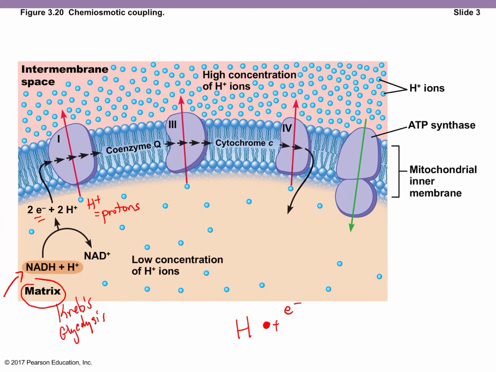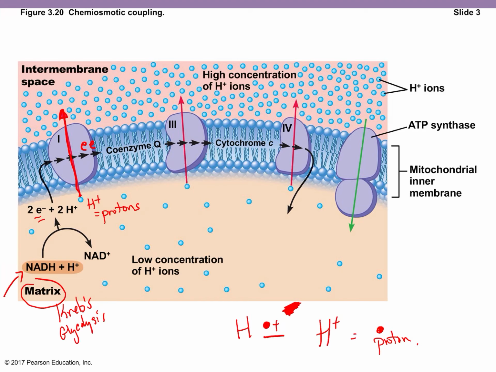How do you get a positively charged hydrogen ion? Well, you take away the electron, right? If it loses the electron associated with it, then what's left? One proton. So that's why H plus is the same as a proton, okay? So we have a lot of protons in the matrix here, and every time the complex has those electrons, it will pump a proton from the matrix into the intermembrane space.